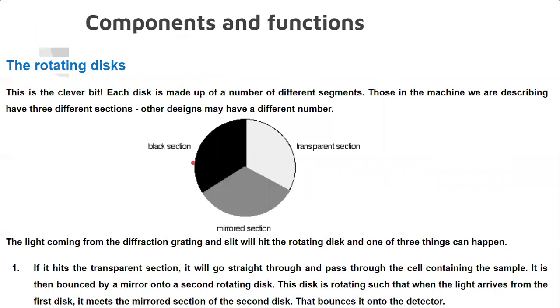This disc is rotating such that when the light arrives from the first disc, it meets the mirrored section of the second disc.